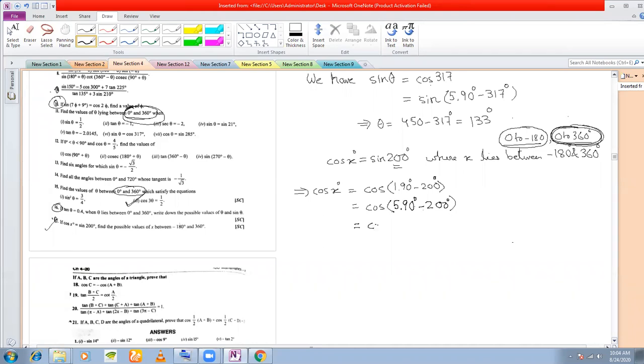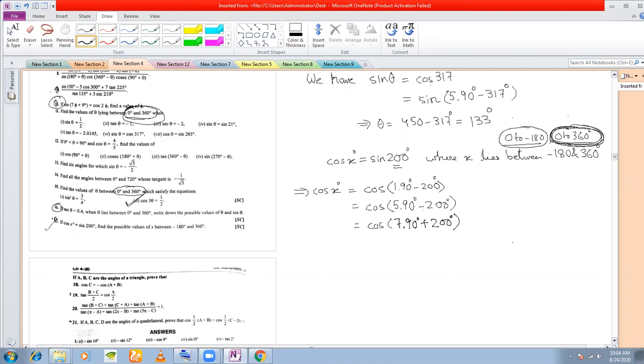Next is cos. I'll get it again in the fourth quadrant. That means 8 into 90 degree. Not 8, 7, because it has to be an odd multiple. 7 into 90 degree plus 200. Is this acceptable? No, not acceptable, because it will be crossing the range.